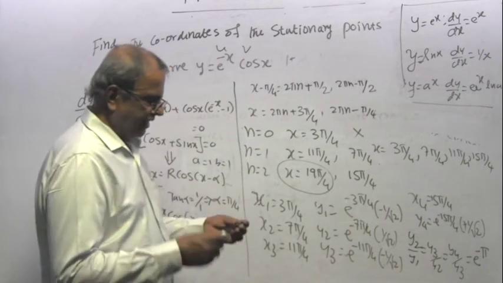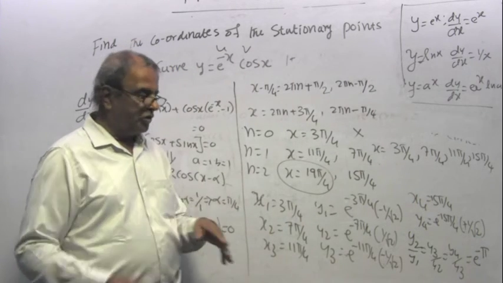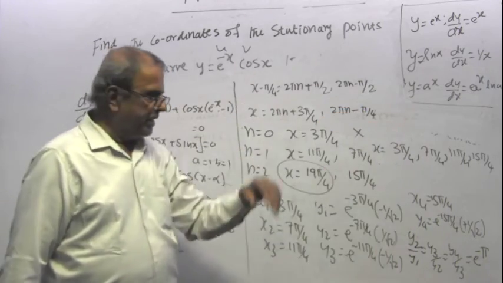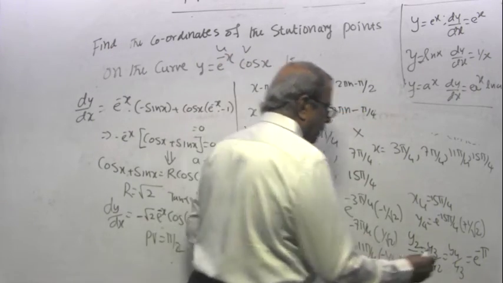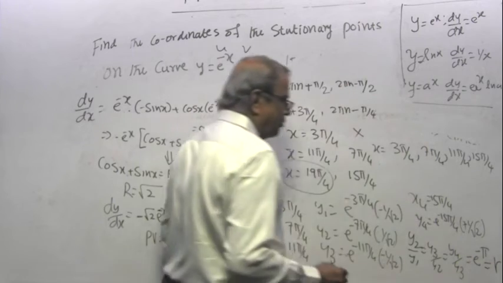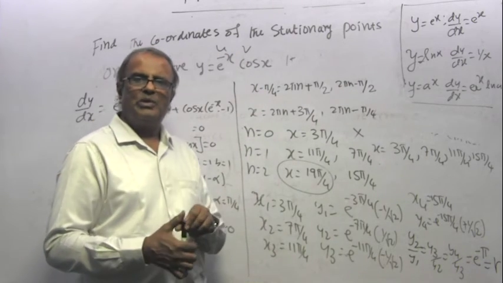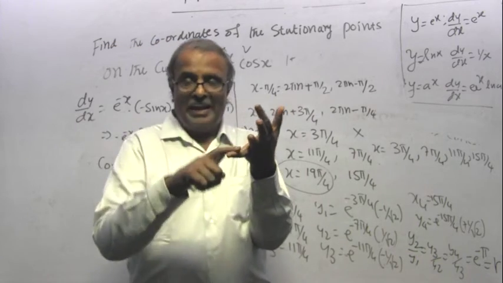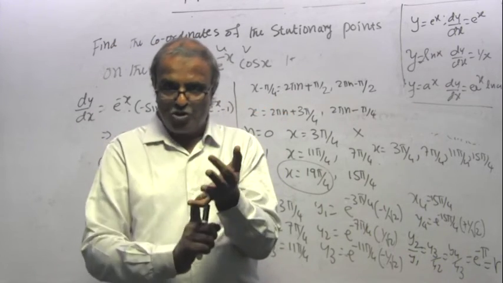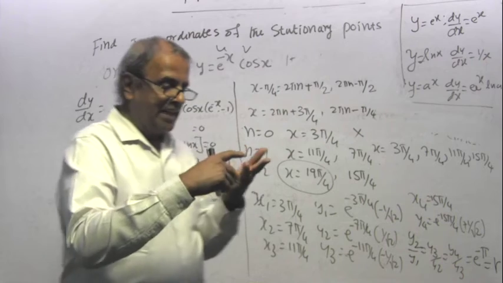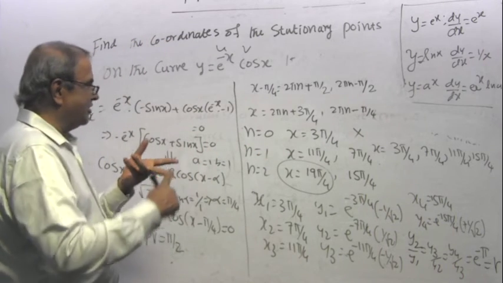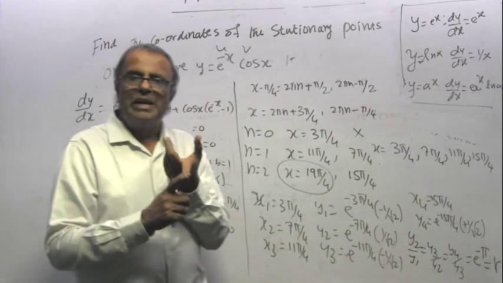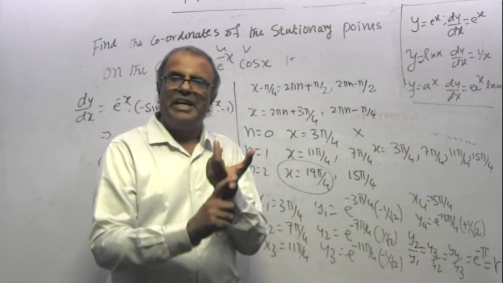So it's a geometric series. All the stationary values are successive terms of a geometric series with common ratio e power minus pi. That's a beautiful question. But remember, in one question: differentiation, exponential functions, product rule, onion rule, then trigonometric equations, then solving solutions, then doing geometric series using indices.